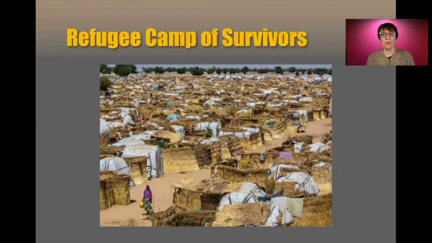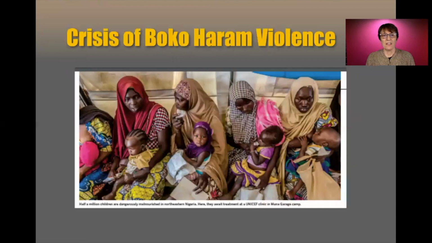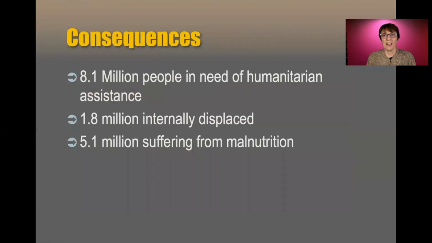So here's what one of the refugee camps looks like, where there are just so many people crammed together. And here's a group of women, survivors of the violence, and their children. Some of the consequences now summarized here: 8.1 million people in need of humanitarian assistance.